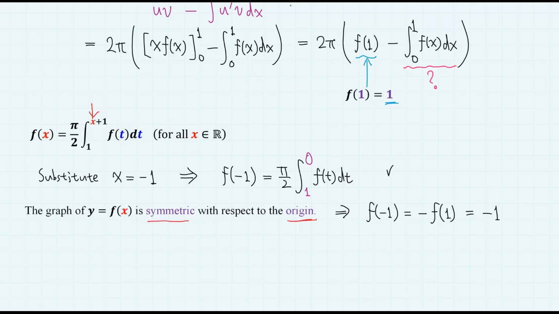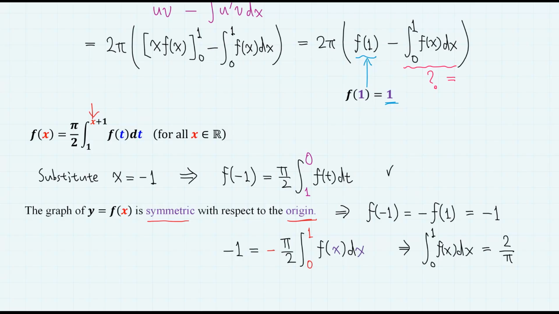So this becomes -1 equals pi over 2 times the integral, and here we can change the integral from 0 to 1 if we add minus sign here, and instead of t, we can use x because it is a definite integral. This gives integral of f of x dx from 0 to 1 equals 2 over pi. So this value right here is 2 over pi.